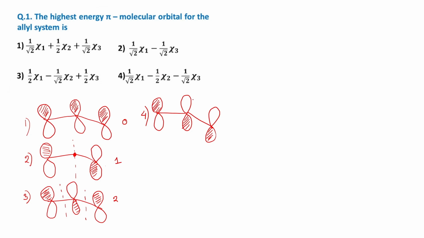I'm saying that it is 1 by 2, this is 1 by root 2, it would have been bigger. But we are considering only the energy, so the number of nodes is 1. So the number of nodes is higher in case of the third, two nodes. By that analogy you can say this has the highest energy pi orbital.